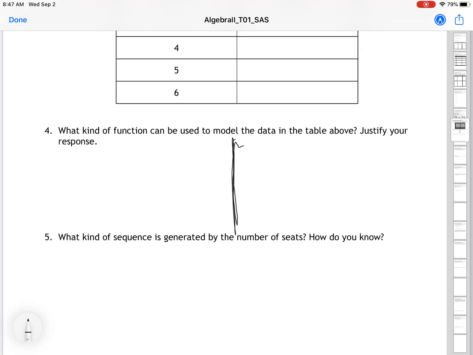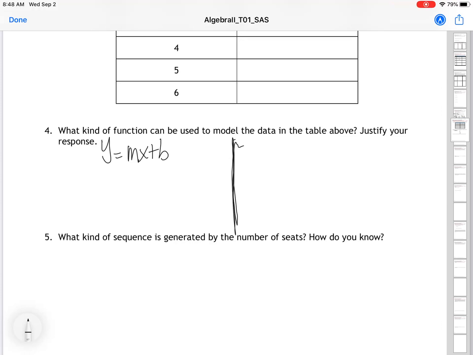Alright, so yesterday, I think somebody in one of our classes mentioned slope-intercept form. Okay? And that is y equals mx plus b. Now, our m is our slope.